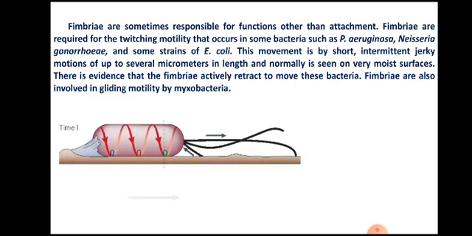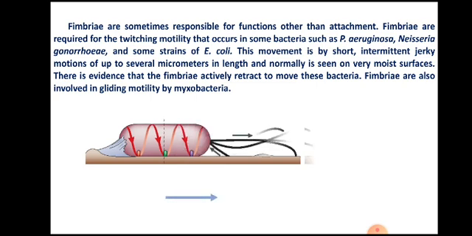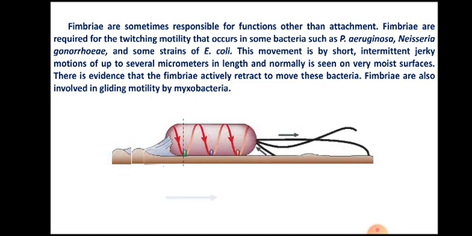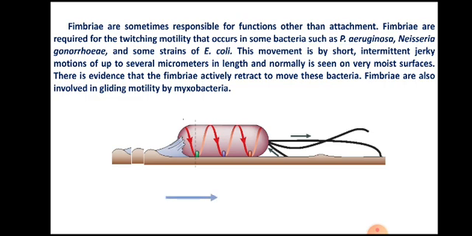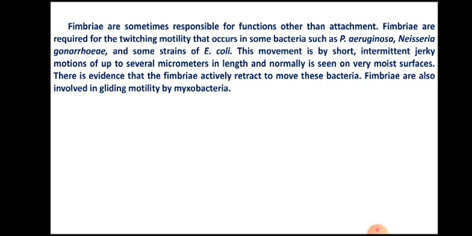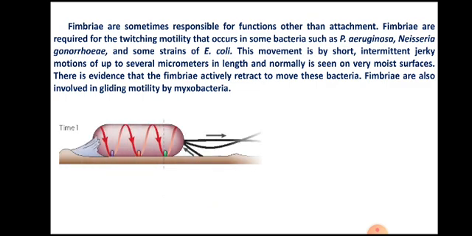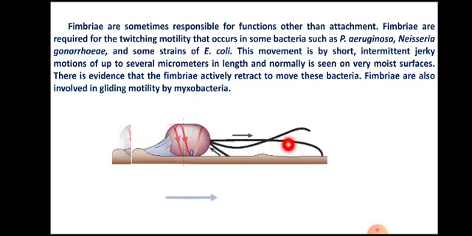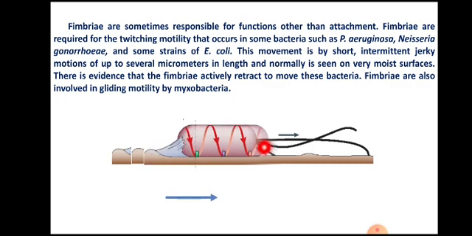So this diagram we have already learned. So with the help of these fimbriae, these bacterial cells can move. You can see these are fimbriae, and these fimbriae bind to the solid support, and these fimbriae contract and retract, and as a result of that contraction and retraction, these bacteria are able to move ahead.